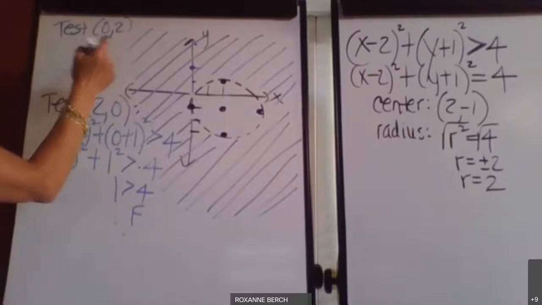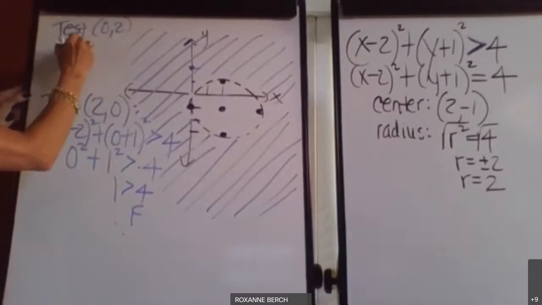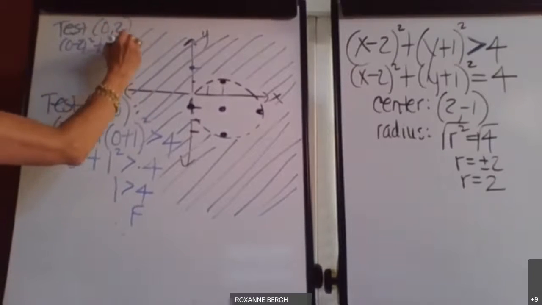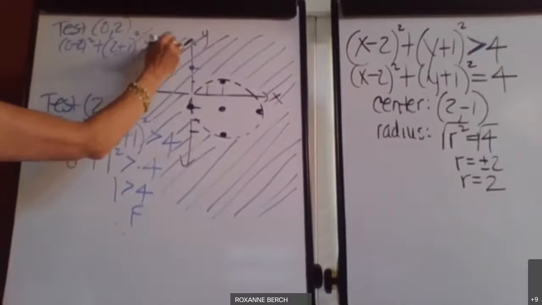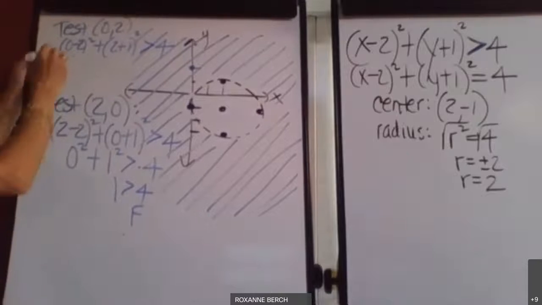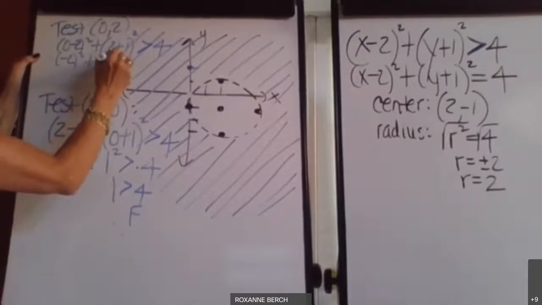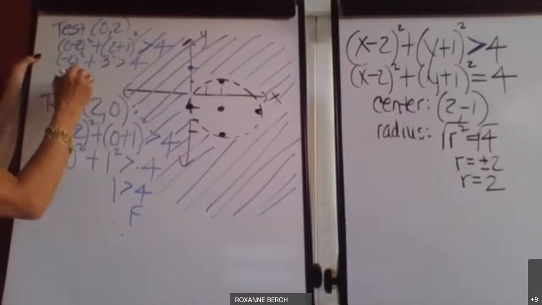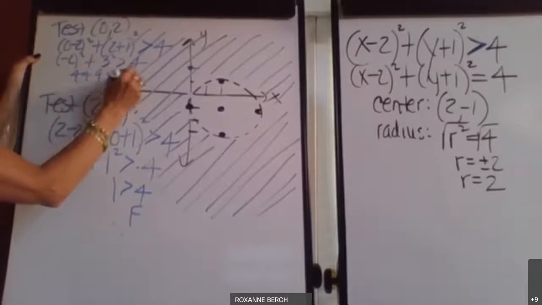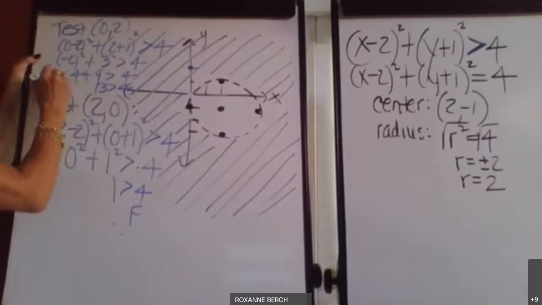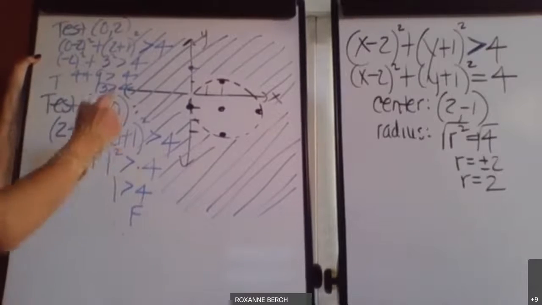So this would be 0 minus 2 quantity squared plus 2 plus 1 quantity squared. Is that greater than 4? Is negative 2 quantity squared plus 3 squared greater than 4? Is 4 plus 9 greater than 4? Is 13 greater than 4? Yes, that's true. And that's why we shaded it.